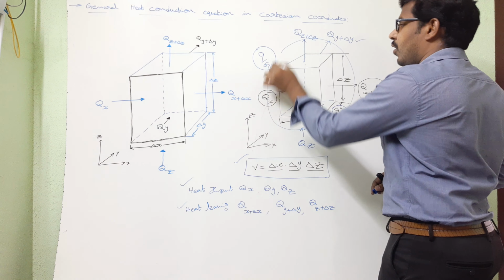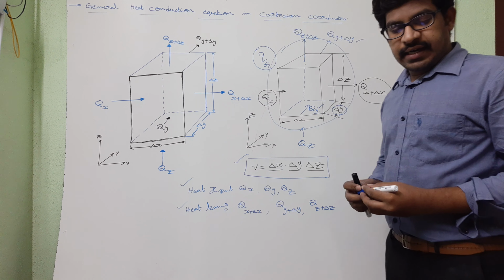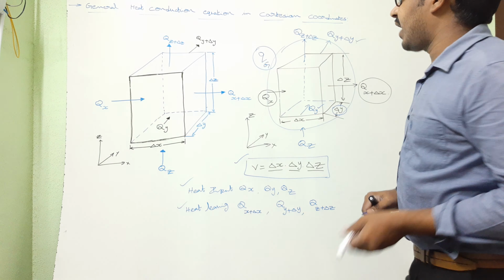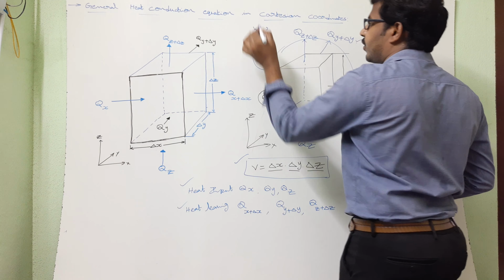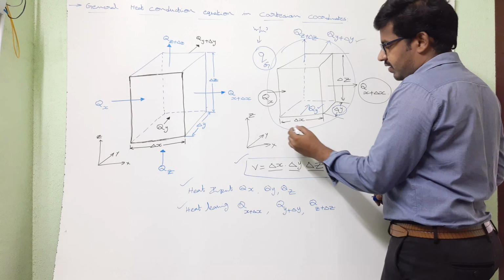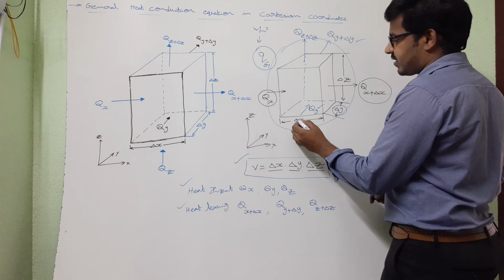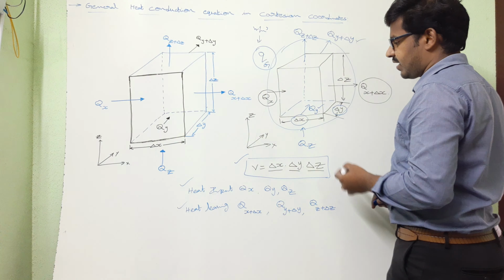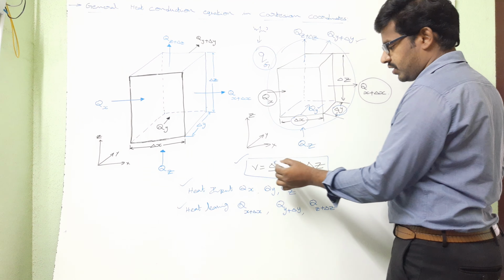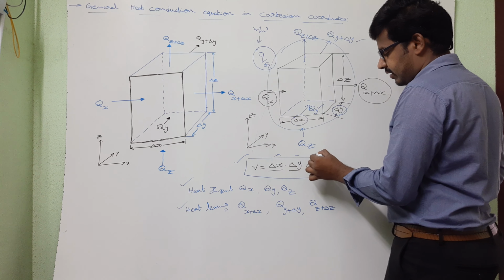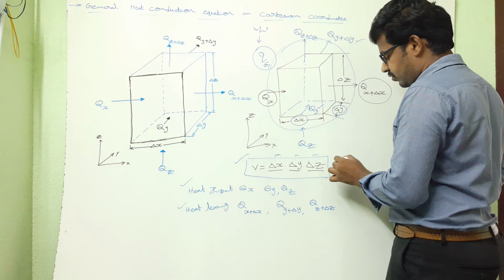The total body has internal heat generation Q capital G, with units watt per meter cube. Note the dimensions: dx is in meters or other units like mm, so meter, meter and meter. So volume is meter cube. These are the unit terms.